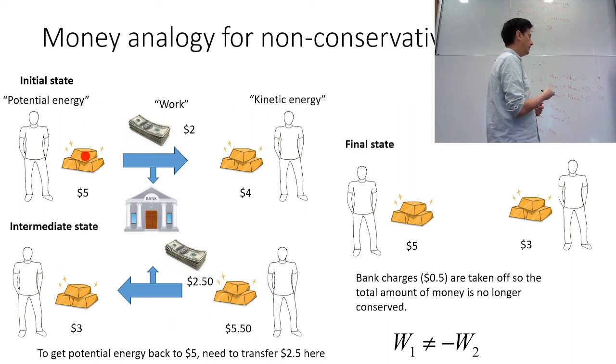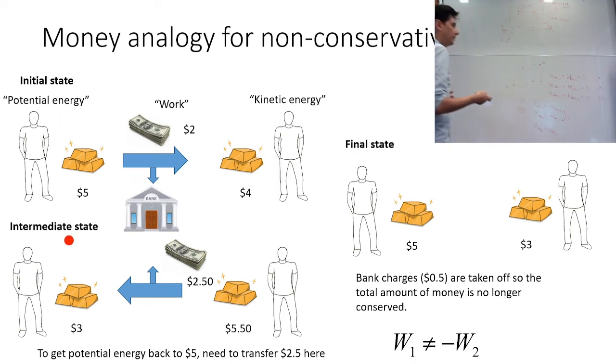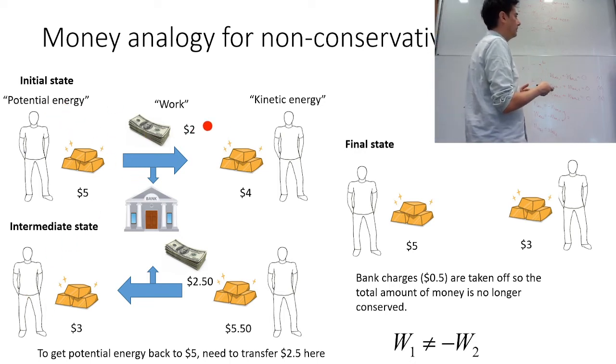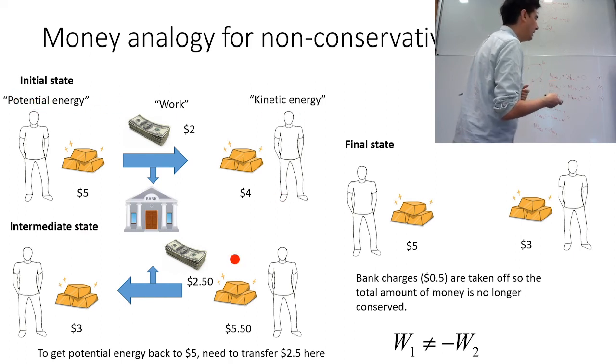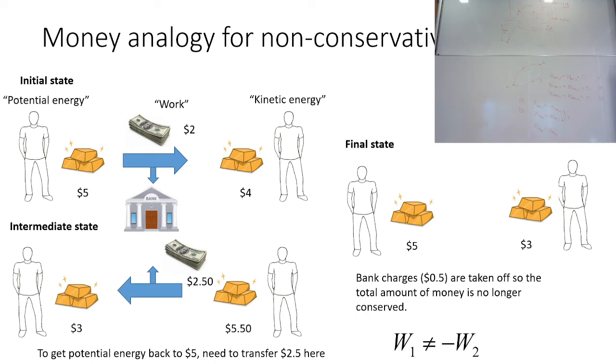So maybe what I should have done here is call this guy potential energy and this guy kinetic energy. Okay, all right, let's work with that. So suppose this is kinetic energy and this is potential energy. What we're going to try and do is get back to the original configuration.